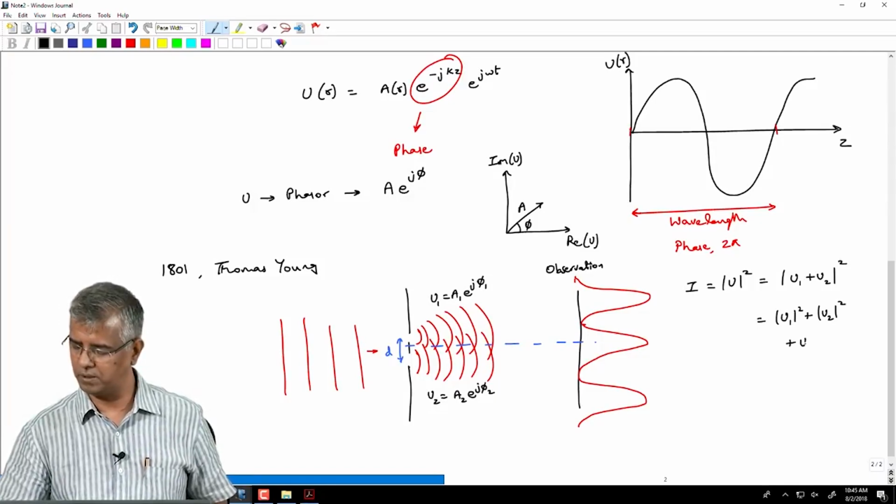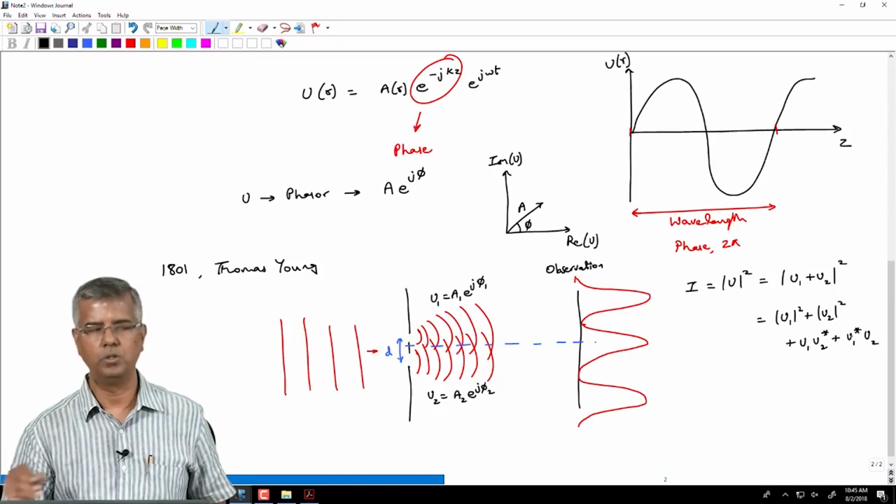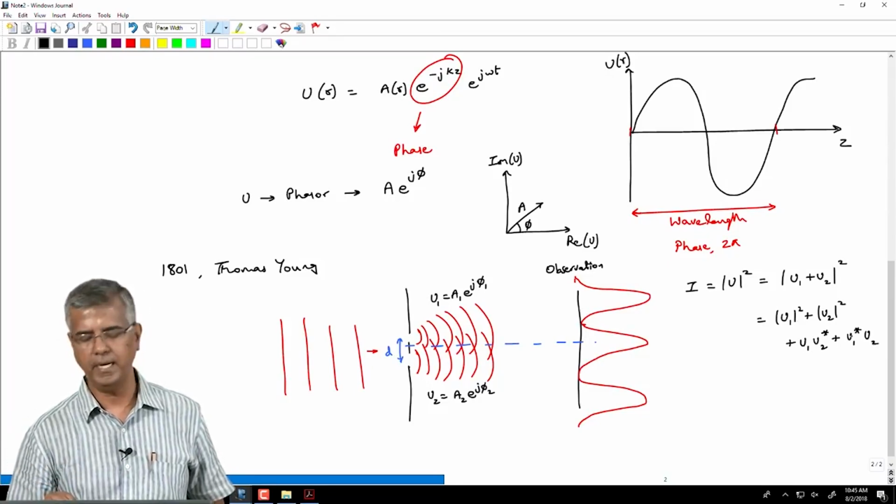And since it is a complex quantity, what you will get is u1 u2 conjugate plus u1 conjugate u2, right.